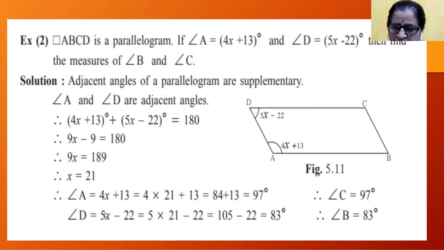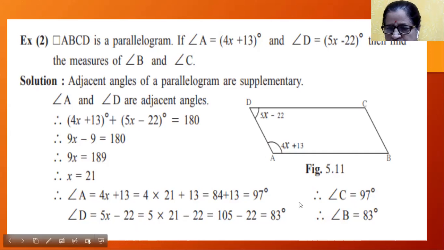Angle D is 5 times 21 minus 22, that is 105 minus 22, which gives 83 degrees. So angle A's measure is 97 and angle D's measure is 83.